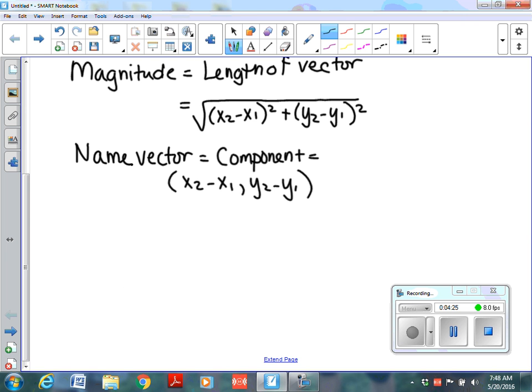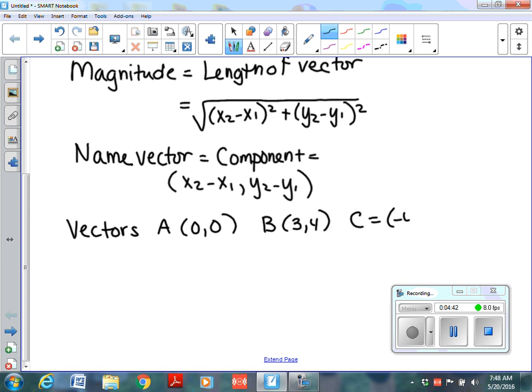Let's do some examples. I'm going to give you these vectors. Point A is (0, 0). B is (3, 4). C is (-4, 2). And D is (-1, 6).